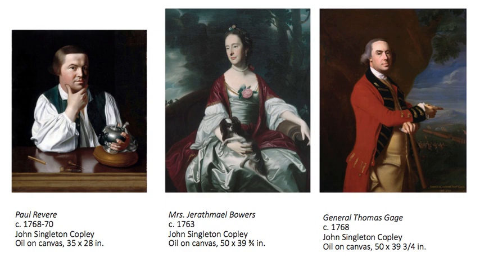So wait a minute, we have the revolutionary, epitomized here by Paul Revere, but we also have some people that weren't so revolutionary, the Tories, the elite, the aristocrat, the loyalist to the crown. We have this beautiful portrait here of Mrs. Bowers, and we also have, what's this? It looks like a redcoat, a British soldier. So the same guy who's painting all the great revolutionary heroes is also painting the people they were fighting against?